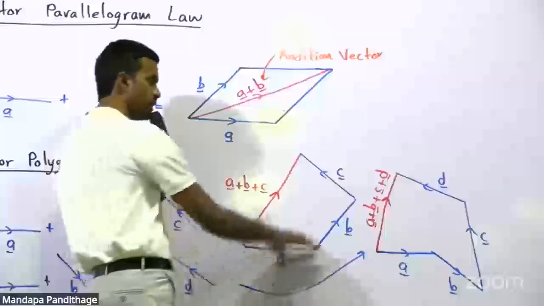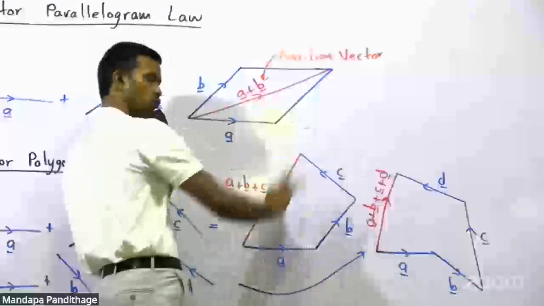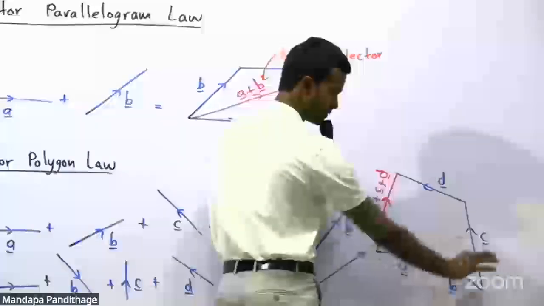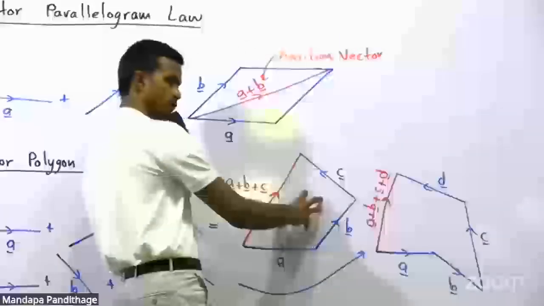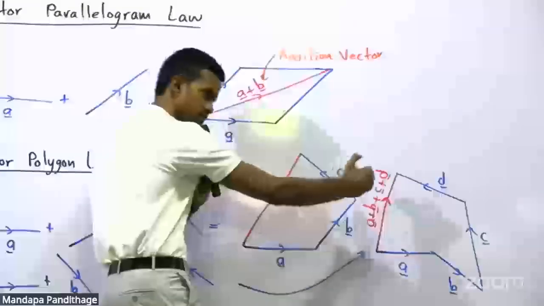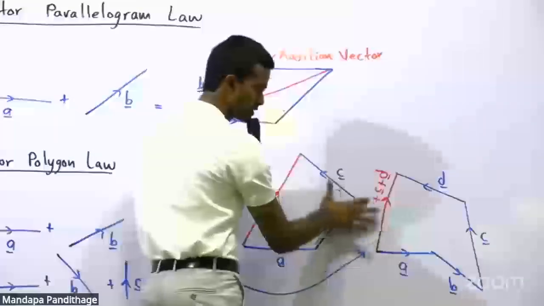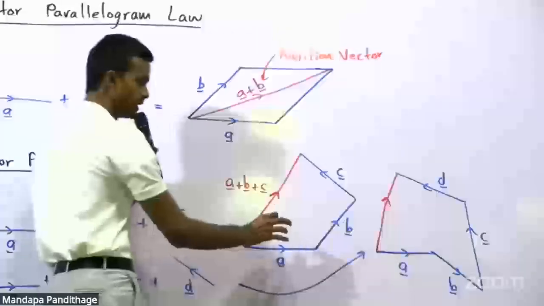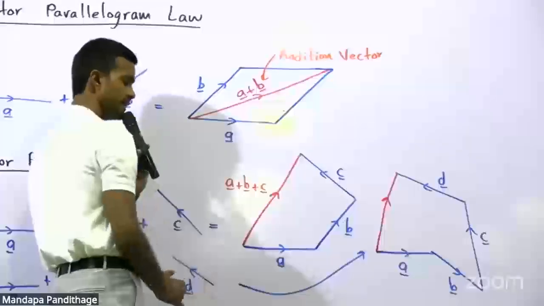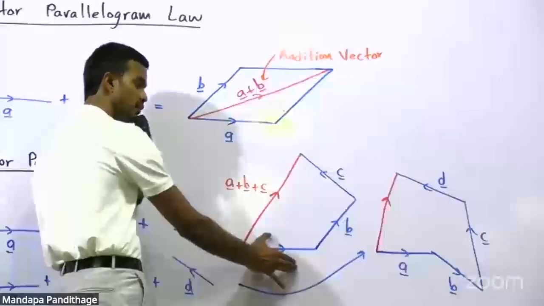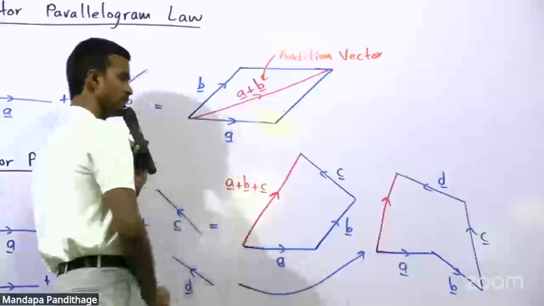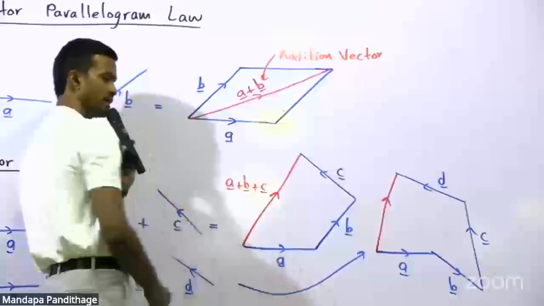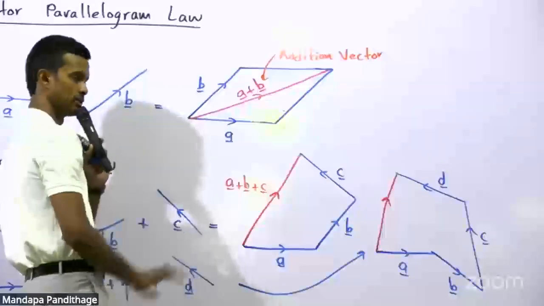So how am I going to give the vector polygon law? When vectors are denoted by the sides of a polygon, the remaining side of the polygon denotes the addition vector of all the vectors. So that is what I'm going to write.